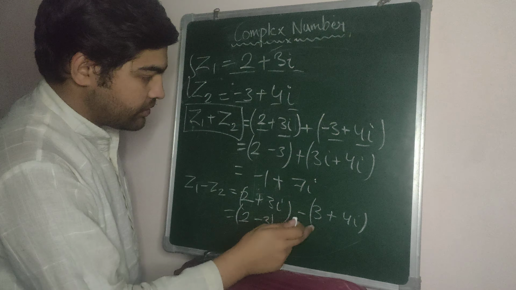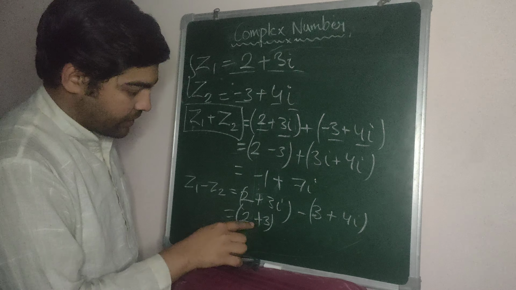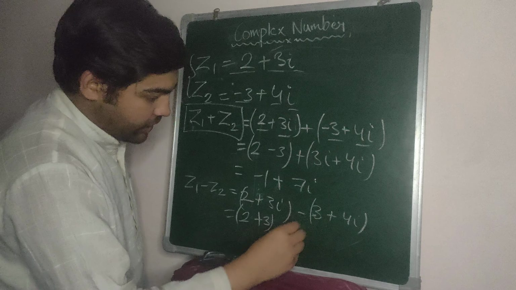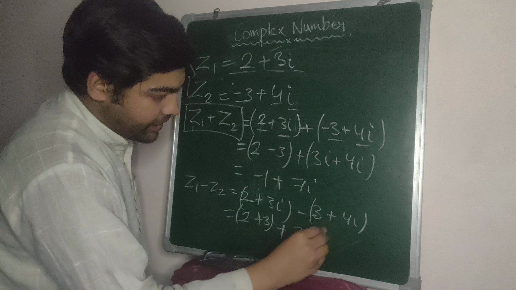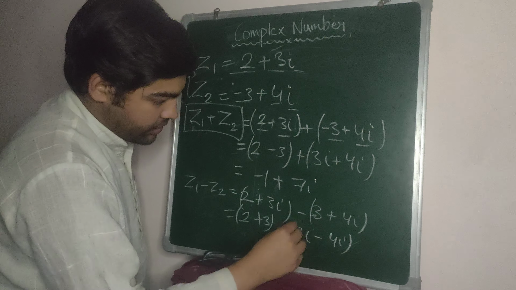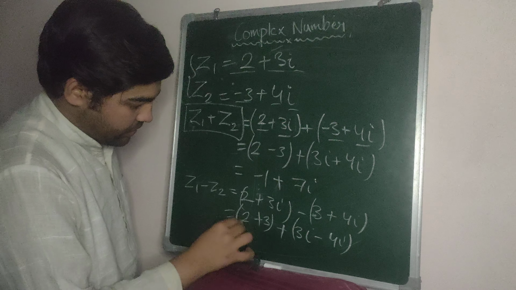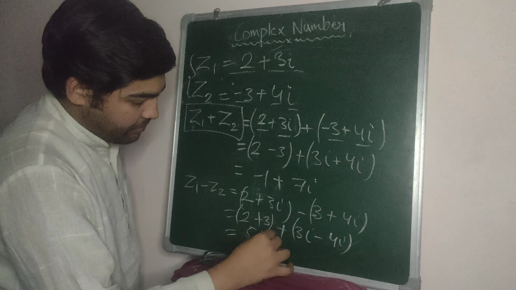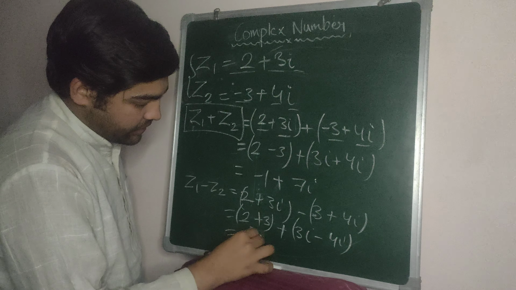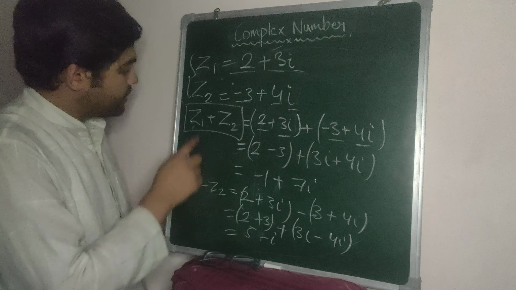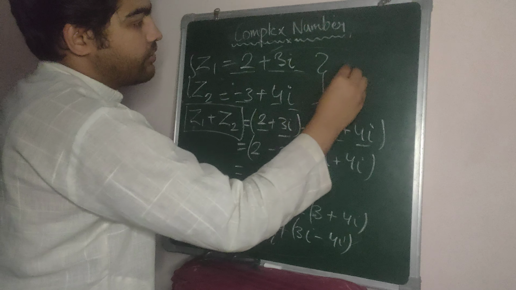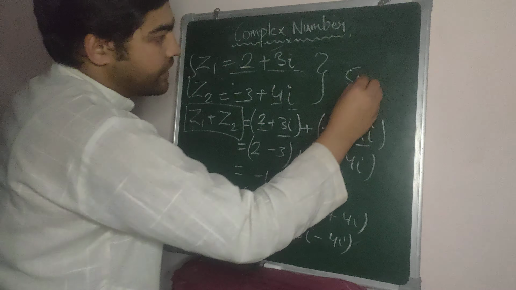So 2 plus 3, and 3i minus 4i. So this will become 5 plus 3i minus 4i, which is minus i. So the subtraction of these complex numbers is 5 minus i.